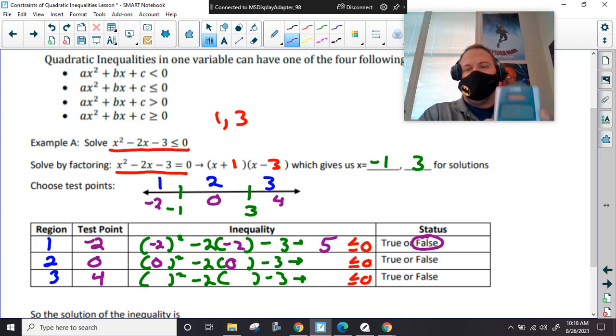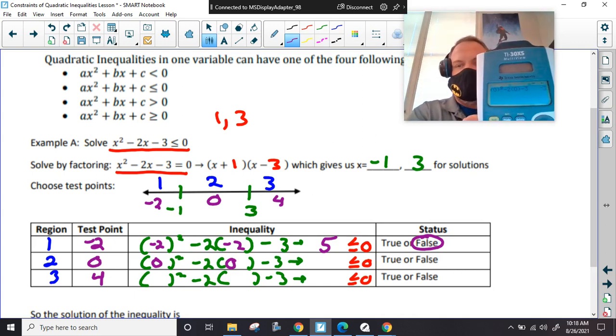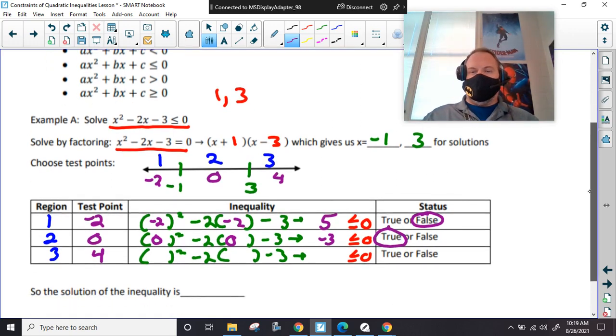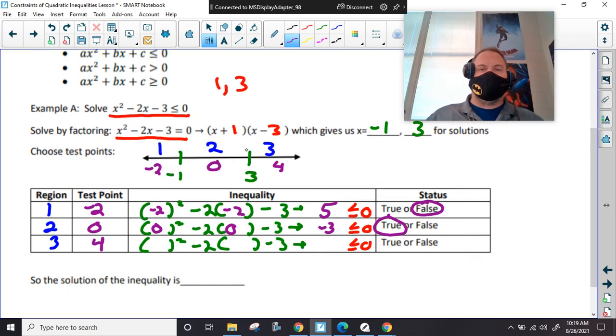Other people may, but I am not. So we plug that in and we get -3. Is -3 less than or equal to 0? So that one's true. All right. Now we're going to plug in 4.